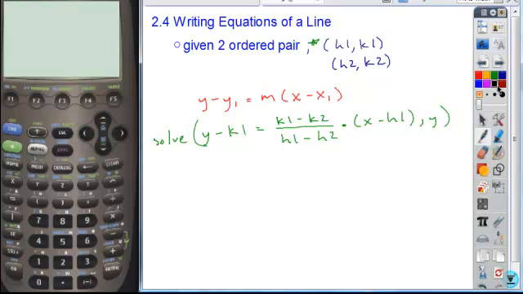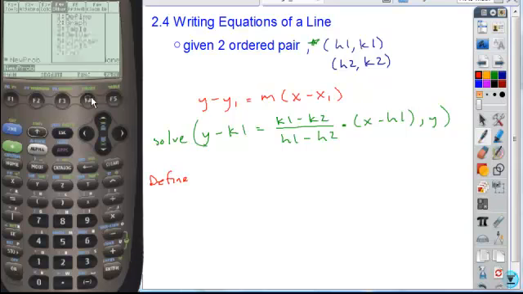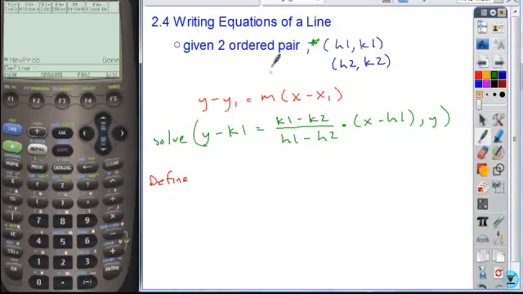Okay, so now it's just a matter of defining my function to do all of this for me. So once again, I'm going to start with define. I'm telling the calculator that I want to define a function that's located under this F4 tab, define. I'm going to give my function a name. So this time now it's two ordered pairs, so I'm going to call my function 2 points.